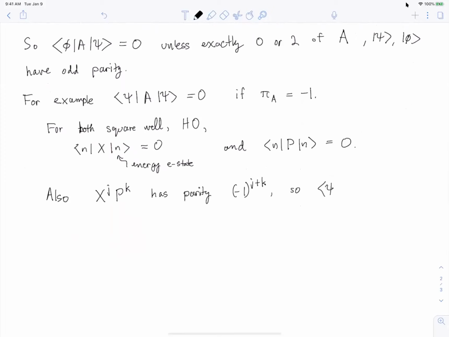So the expectation value of x^j p^k in psi equals 0 if j plus k is odd, and the state that you're evaluating it in has well-defined parity.